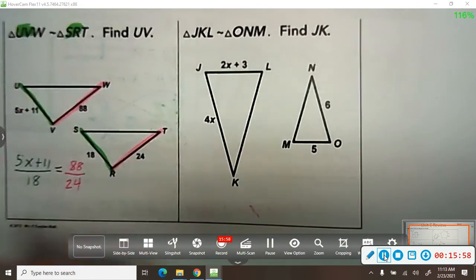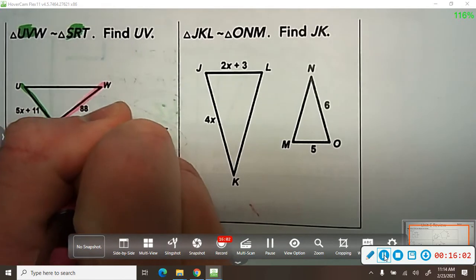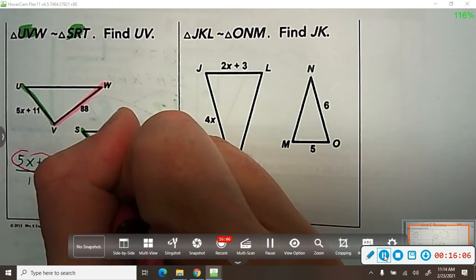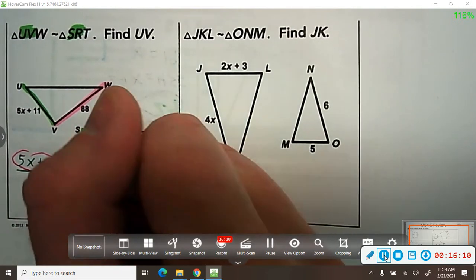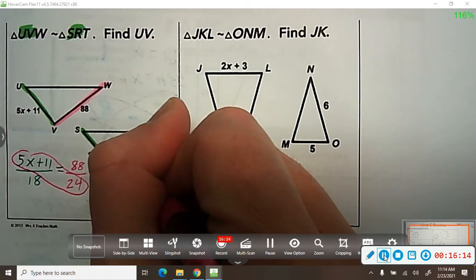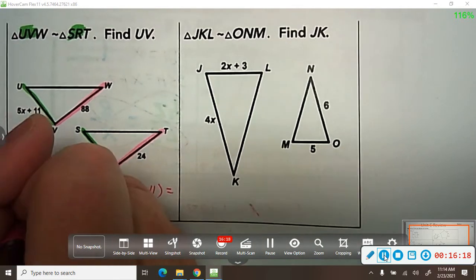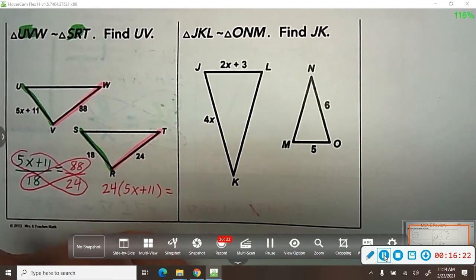I cross multiply. 24 times 5x plus 11, so I need to put that in parentheses. And then 18 times 88. Go ahead and type that in my calculator.